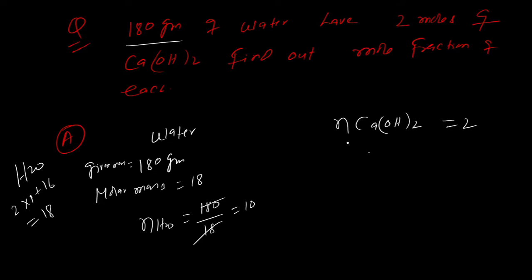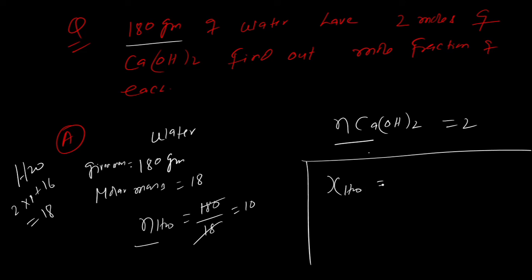Now you know the number of moles of calcium hydroxide is already given, so there is no need to find it again. As we have got the number of moles of water, now we have the number of moles of one component and of the other component. Then simply find the mole fraction of H2O.